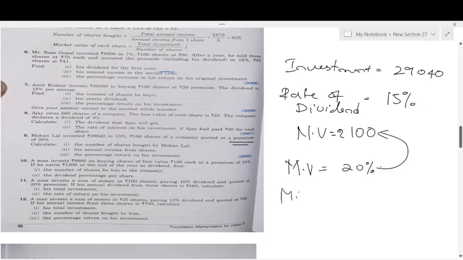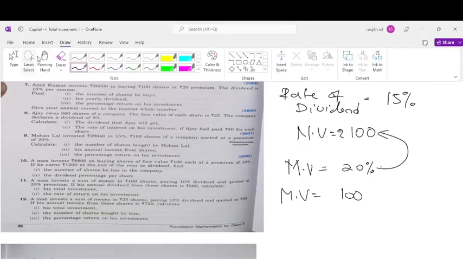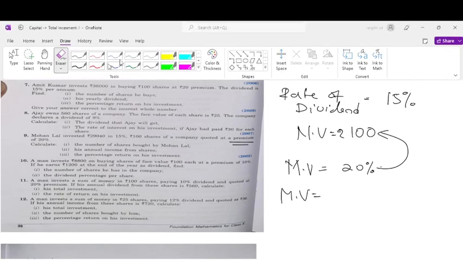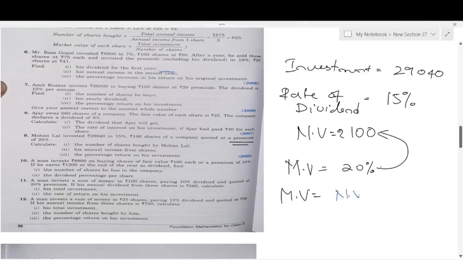Now take down market value is equal to 100. What is the market value formula, students? Tell me market value. Nominal value plus what? What is given? Premium, right?